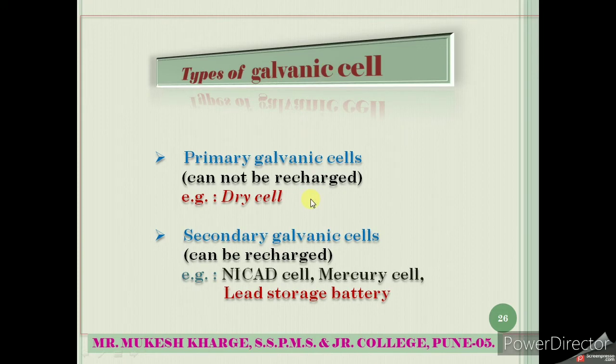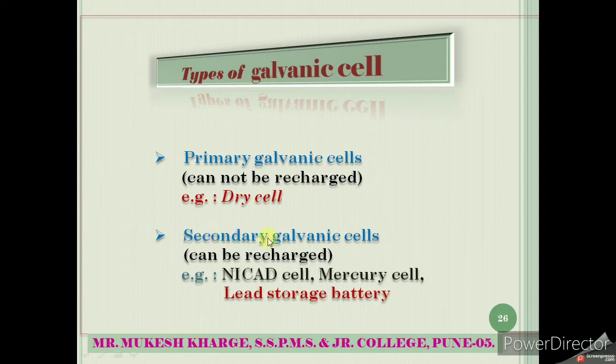So all are familiar with the dry cell that is used in our torch, then various electronic instruments such as a car remote or TV remote. So that is a dry cell. Once we use the dry cell, it cannot be recharged. So these cells are called as primary galvanic cell.